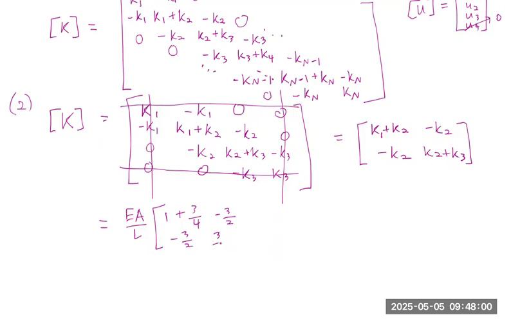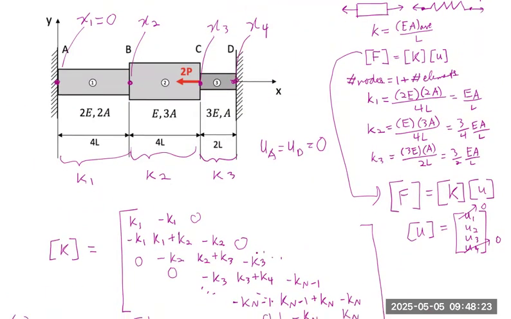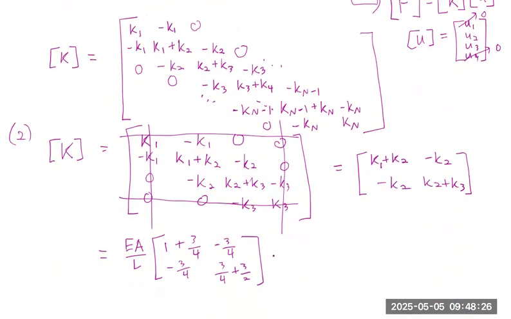Oh, sorry, actually the K2 is negative 3 over 4, as we just said, and K3 is 3 over 2. So simplifying this matrix further, we get 7 over 4, negative 3 over 4, negative 3 over 4, and 9 over 4, all multiplied by EA over L.